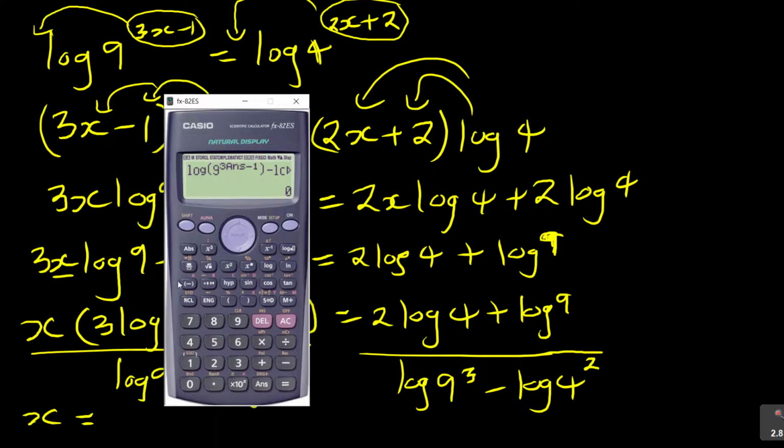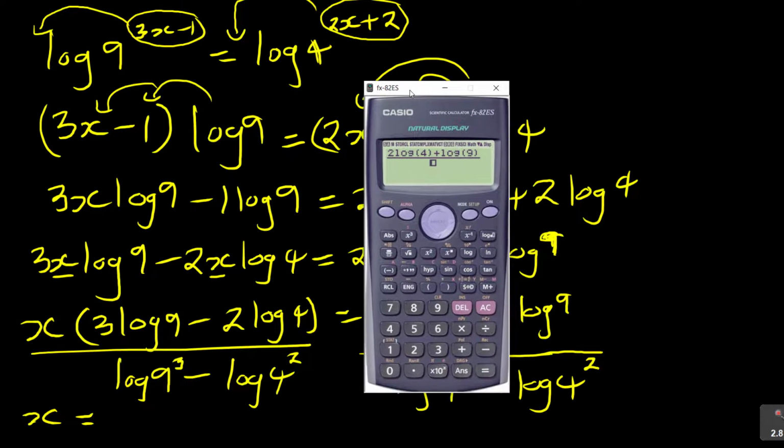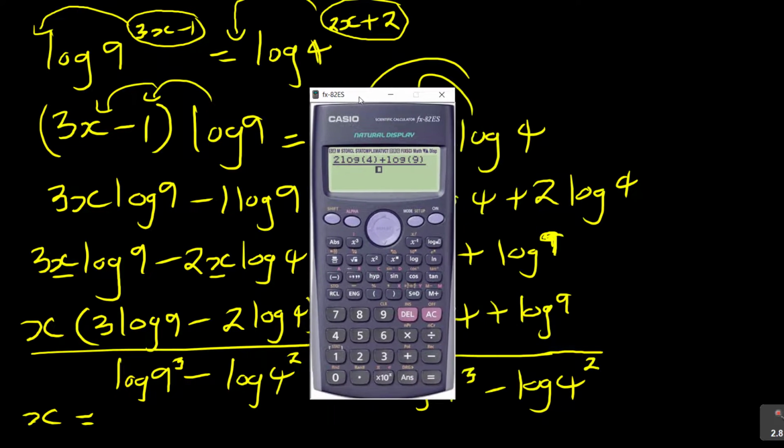But if I was doing it like this and say 2 log 4 plus log 9, close the bracket here, over, and then I divide by, let's use the same one that we had previously.